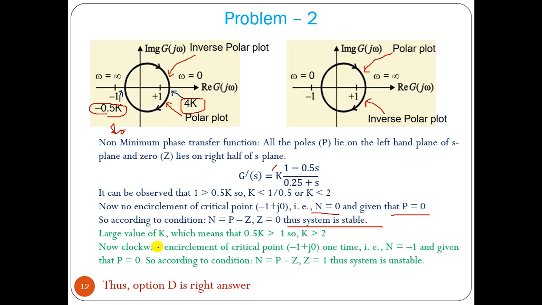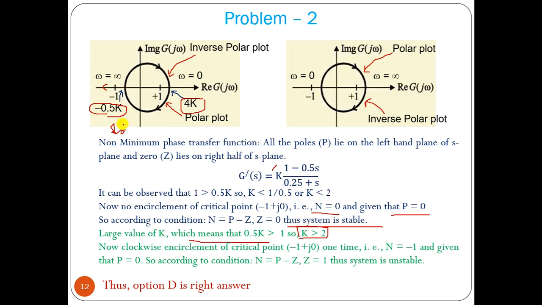Now, for large values of k, this 0.5k is greater than 1. If this point goes beyond the minus 1 critical point, that means 0.5k becomes greater than 1, so k greater than 2.